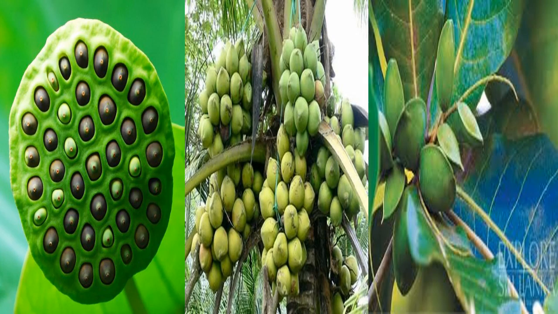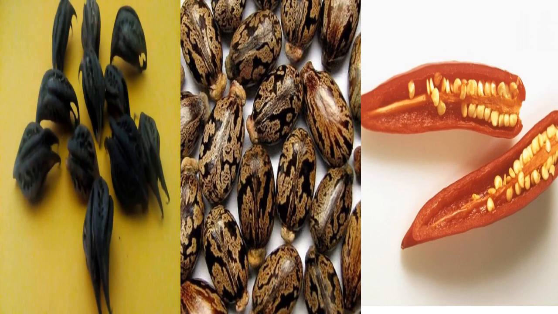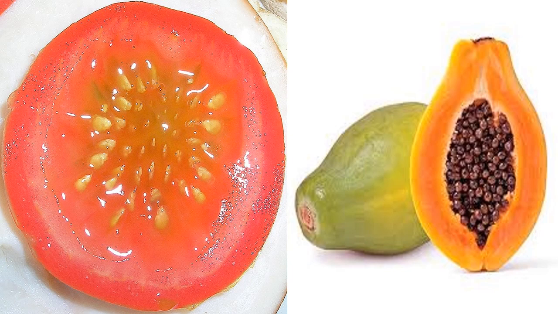Fruits and seeds dispersed by water: lotus, coconut, Kottamba, Diyakaduru, arecanut. Dispersed by animals. Fruits and seeds which are dispersed by animals: Nagadarana, castor, chili, tomato and pepper. Here is the content which we have to discuss through this part of the lesson.